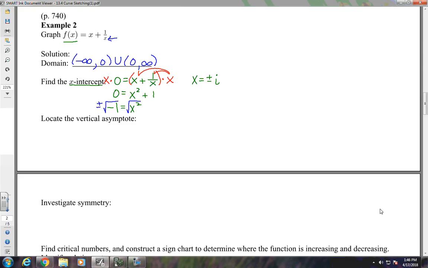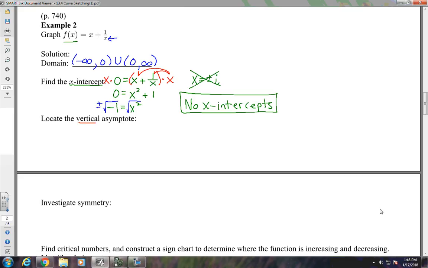It's an imaginary number. So what that tells us is simply that this function has no x-intercepts. If you obtain something strange like that, like an imaginary solution to your equation, it simply means the graph is not going to cross the x-axis. You could verify this easily with your graphing calculator.